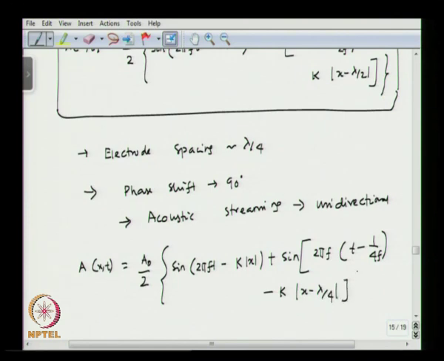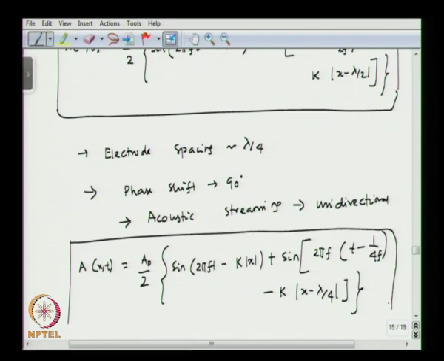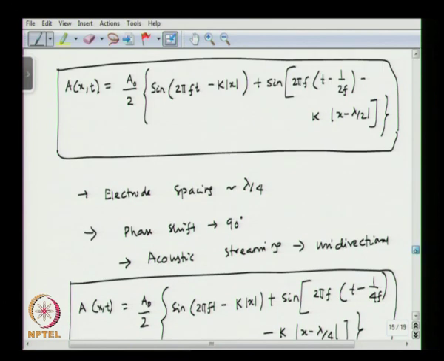So, this will be the expression for the amplitude if the electrode spacing is lambda by 4. Here, in place of lambda by 2 it will be lambda by 4, and in place of 2f it is going to be 4f.